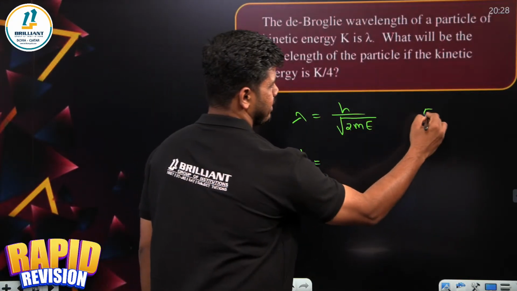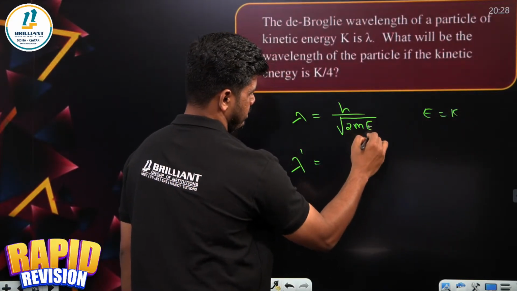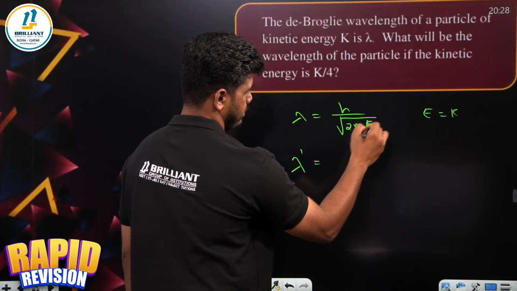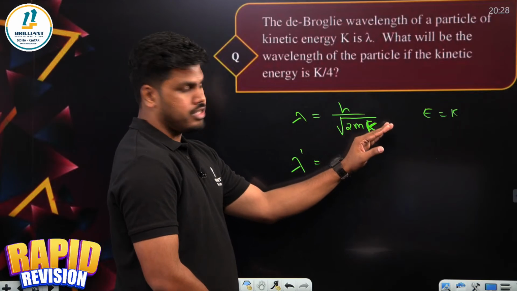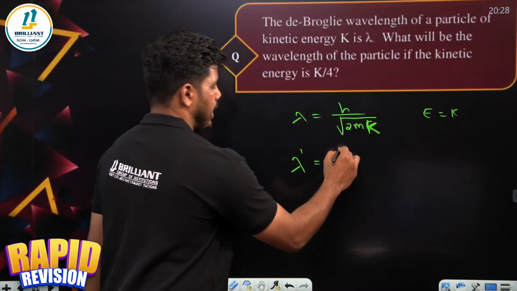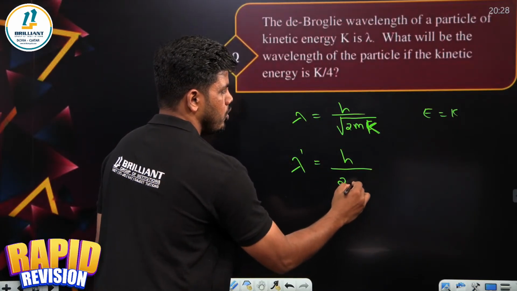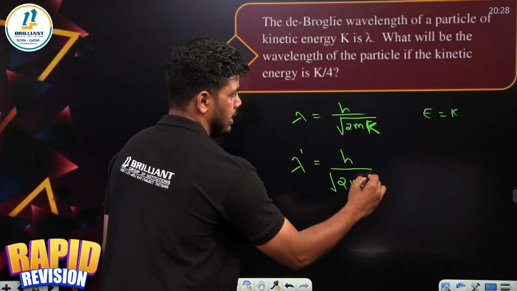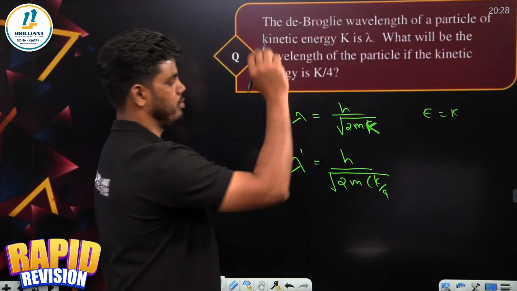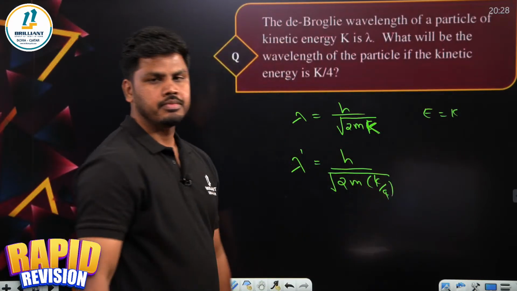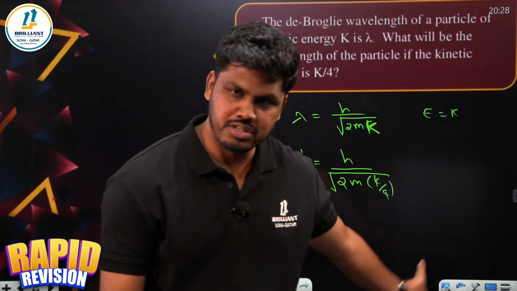E is taken as K here. So I can say this will be 2mK, right? Then if you change the kinetic energy into K by 4, h by root of 2m into K by 4 will be coming in the denominator, right? You are asked to find what is lambda dash in terms of lambda.